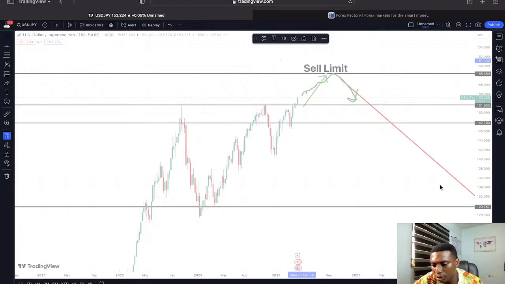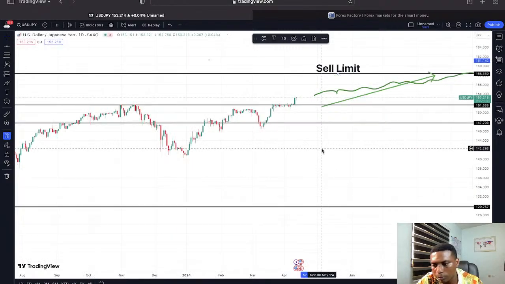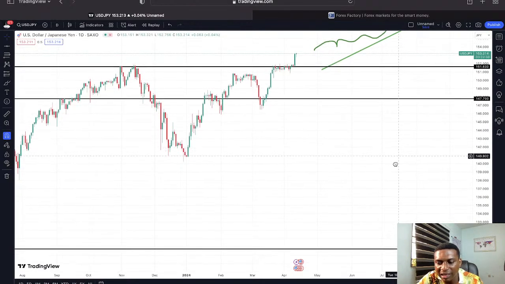Okay, a closer look into the market. So you can see that on the daily time frame, now.